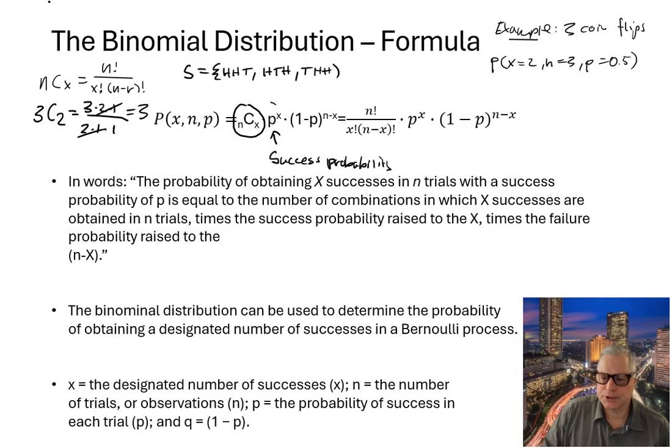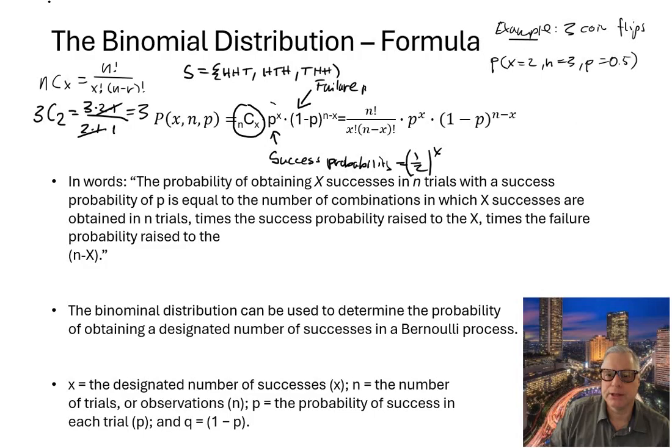Which in our case of a coin flip, of course, is 1 over 2, and we raise that to the number of successes. And then we also still multiply it by the failure probability raised to the number of failures.